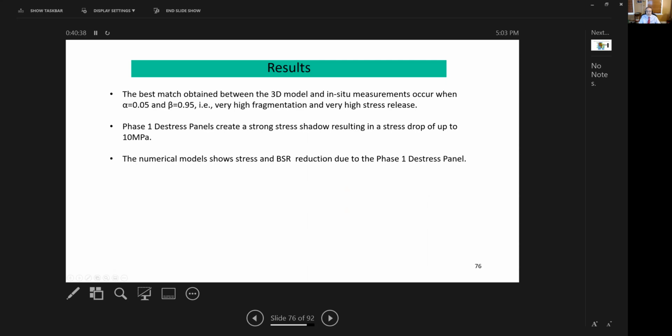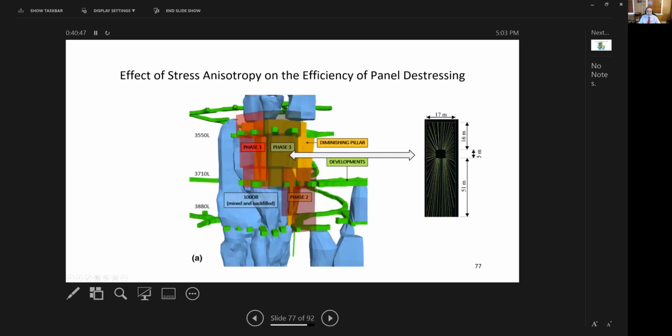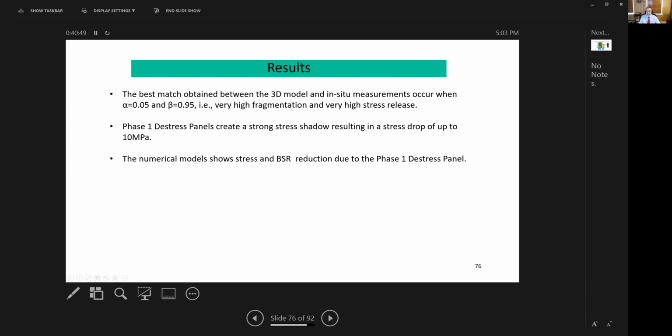Numerical models show stress and BSR reduction due to phase 1 stress panels. And with that, this is the first case study that we did on phase 1 distressing.